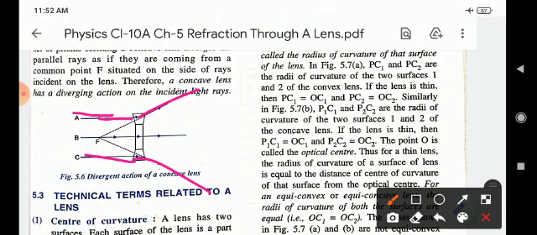The central part, which is a parallel-sided glass slab, passes the normally incident ray B undeviated.